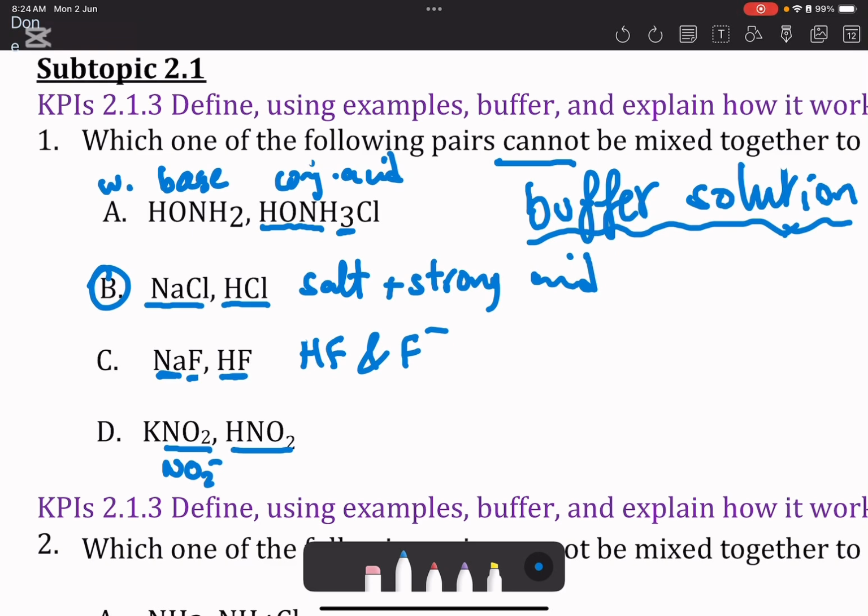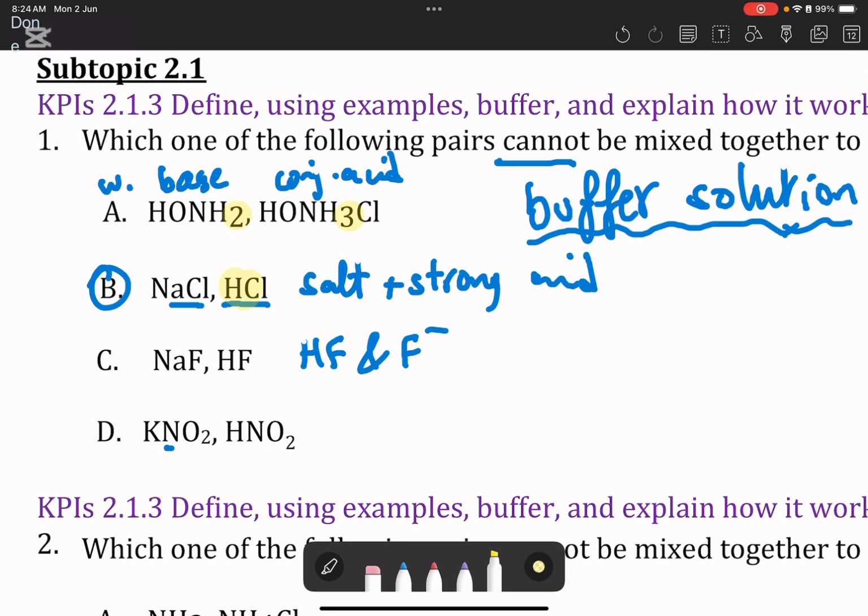So when you want to look for acids and their conjugate base, or base and their conjugate acids, just count the difference in hydrogens between the two formulas. Like for example here, I have in this one 3 hydrogens, I have 2, so these are conjugates. This is a strong acid, so that's not an option.